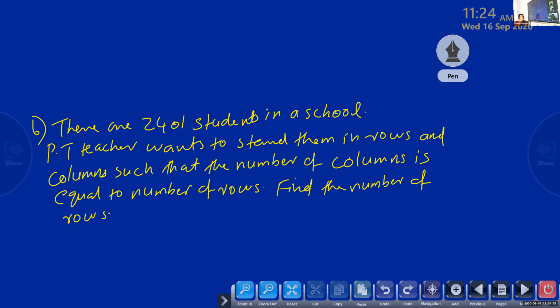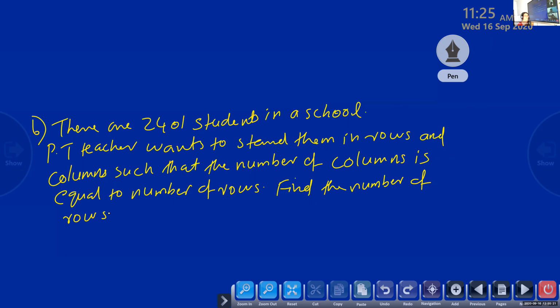Read it and say whether you can do this. All of you read the question and how can we do this? Ma'am, find the root of 2,401. Yes, you just find the root of 2,401.